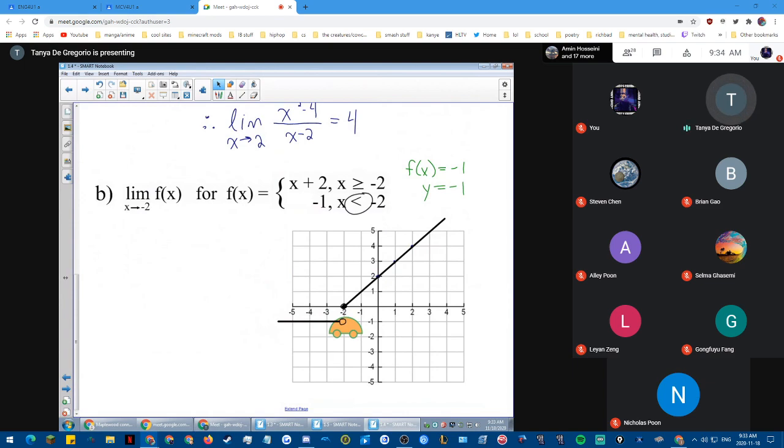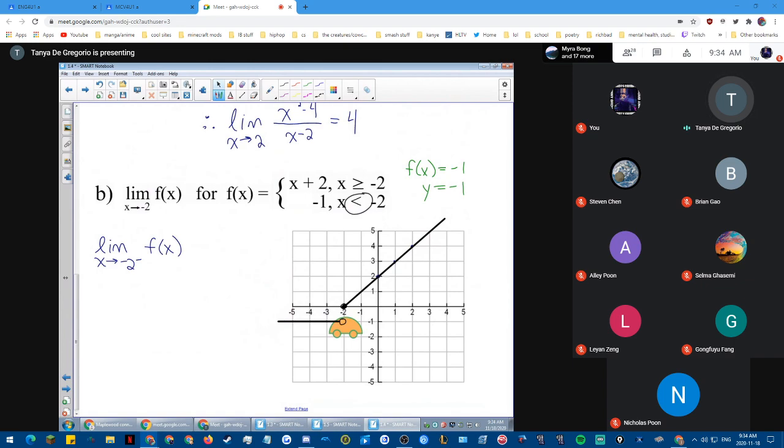Now, we don't want to have to draw graphs every single time just to take limits. So what you need to do in a case like this, because it's a step function, is you have to take the right-hand limit and the left-hand limit. I didn't have to do that for the first example, but for this one I did. So let's take the limit as x approaches -2 from the left.